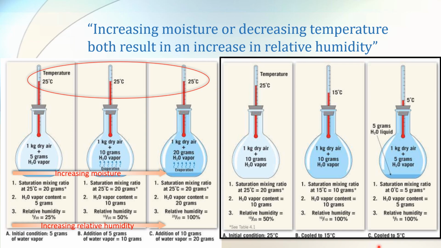So what happens when the air is cooled below the temperature at which saturation occurs, as what you can see in the last figure? This illustrates that the water vapor becomes condensed. It becomes liquid.